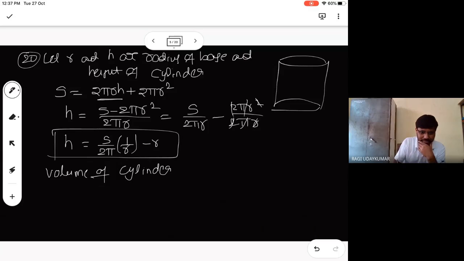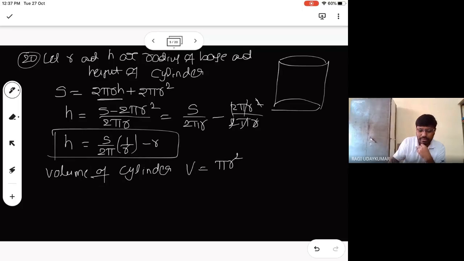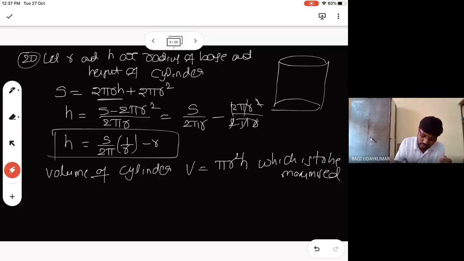Volume of the cylinder V is equal to pi r square h, which is to be maximized. Why did I take the h value first? Because h has to be converted into r. S is fixed, it is the given surface area, and it does not change.